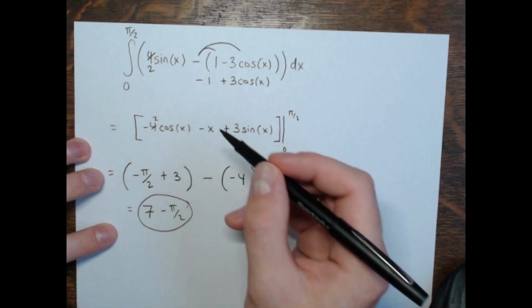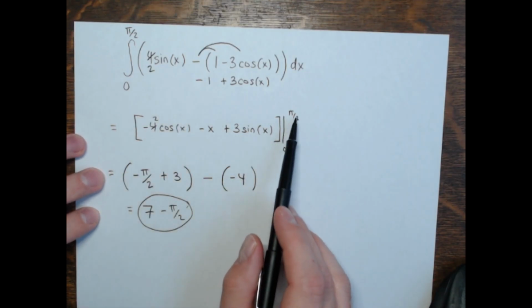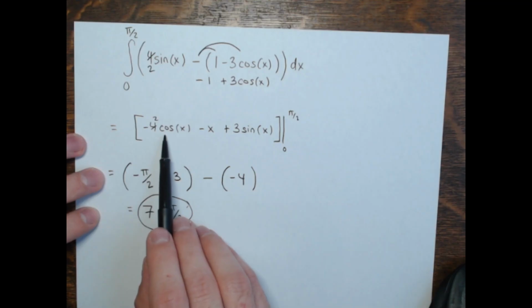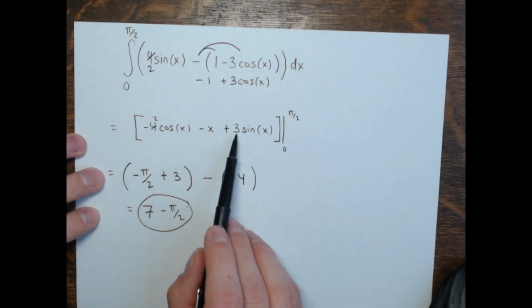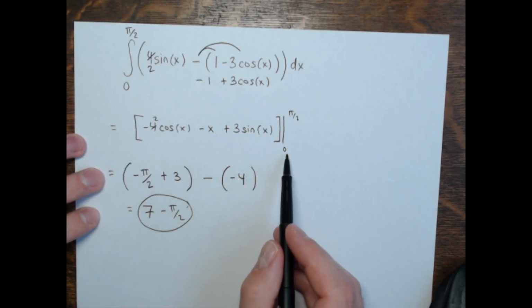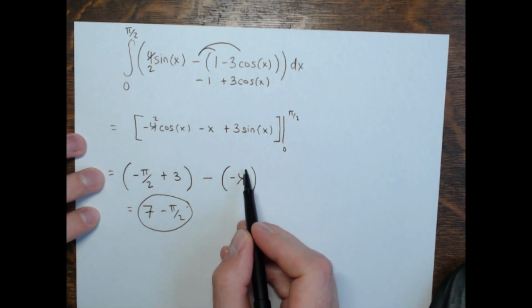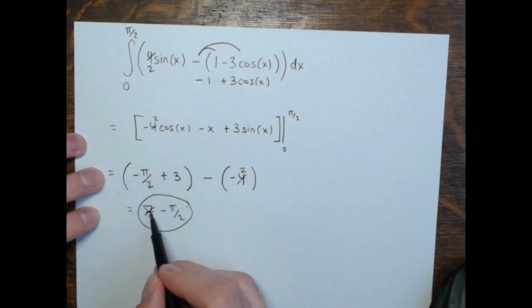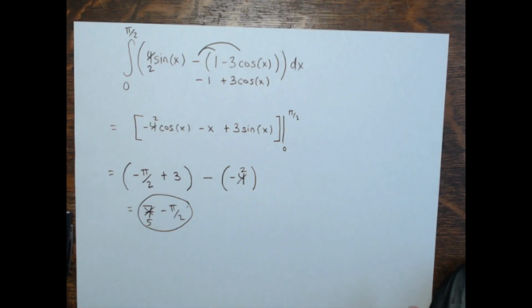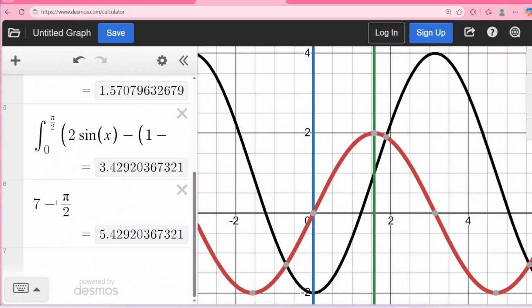So this would be negative 2 cosine, and when I plug in pi over 2, again, this would be 0, and then negative pi over 2 plus 3 still. And then when I plug in 0, this would be minus negative 2. So instead of 7 minus pi over 2, it's going to be 5 minus pi over 2. That's all that's going to change.